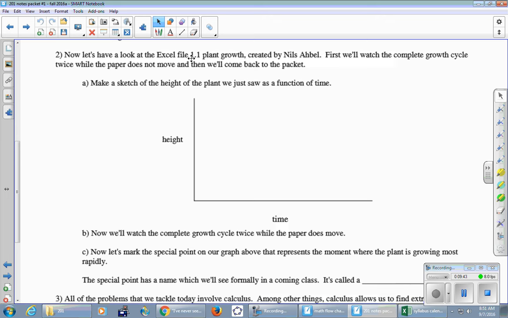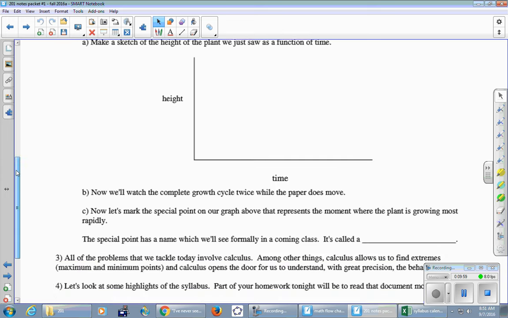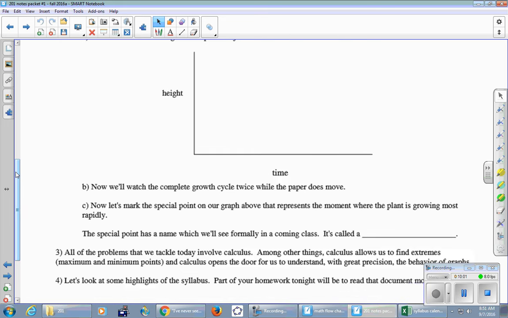So given this information about a flower growing or a person growing, can you graph just a rough sketch right there on those axes, the height of this plant as it grows as time passes? Real rough sketch. And again, the main idea here is you want to picture something that grows slowly in the beginning and then faster in the middle, and then slowly at the end.